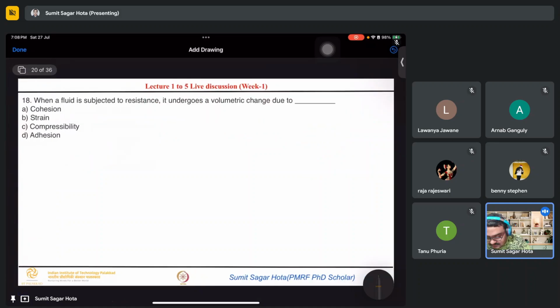So the next question: when a fluid is subjected to resistance, it undergoes a volumetric change due to what?